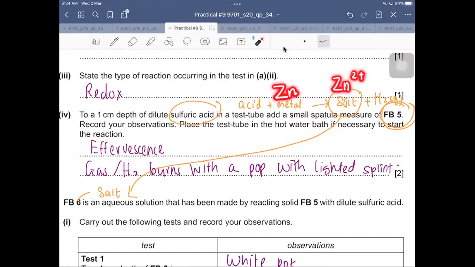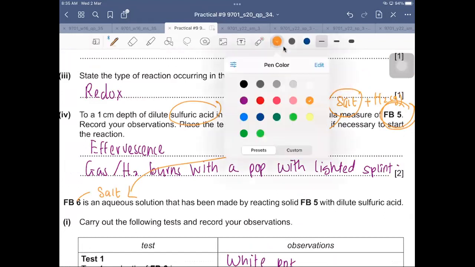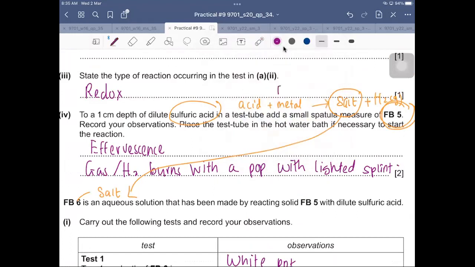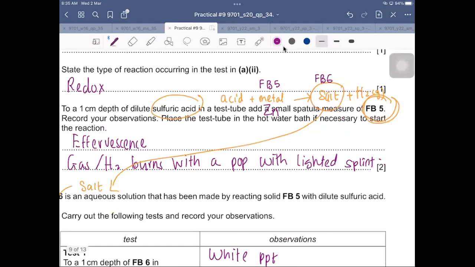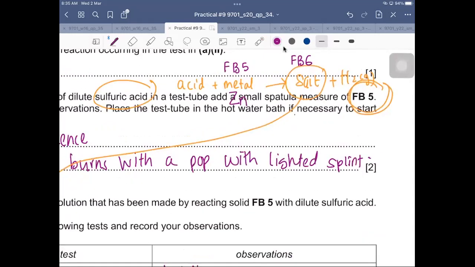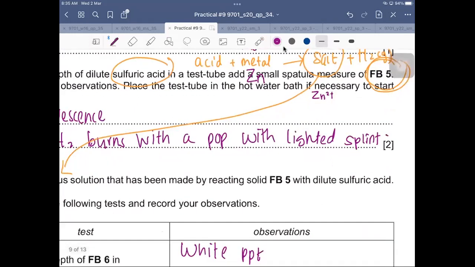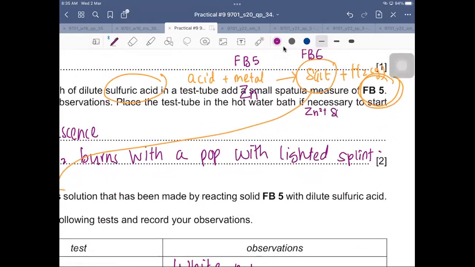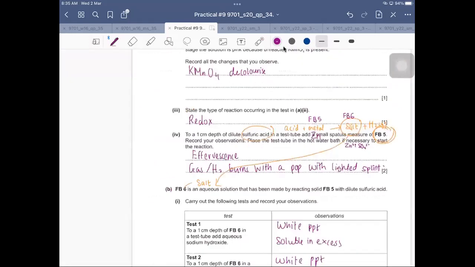Okay, so I will just write this down. FB5 is metal, FB6 is actually the salt. So zinc is FB5, FB6 is zinc plus something. Zinc sulfate as well, because we're adding sulfuric acid. So zinc sulfate. Okay.